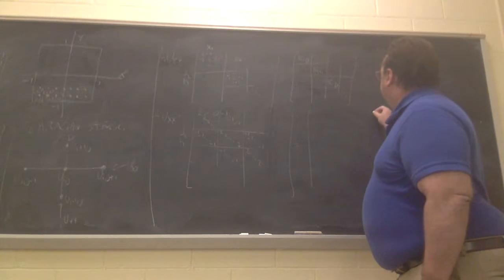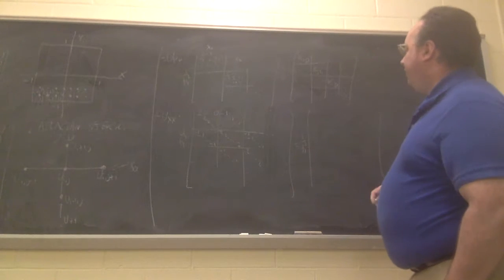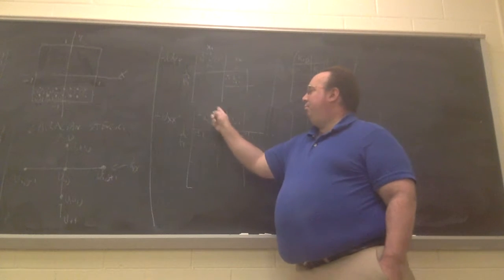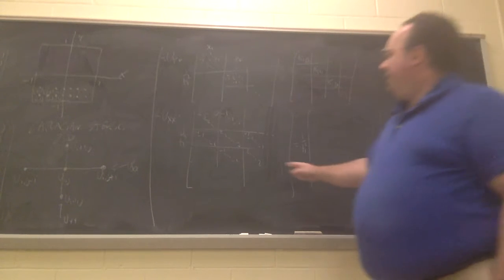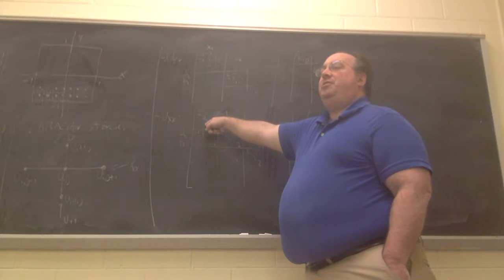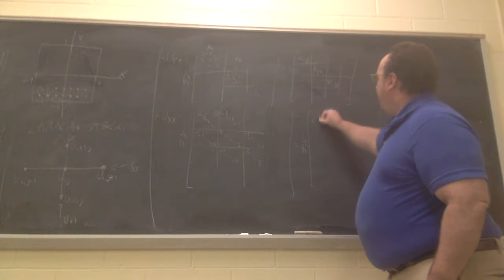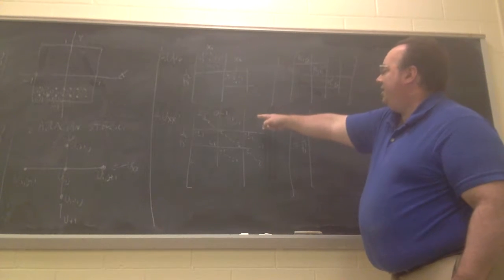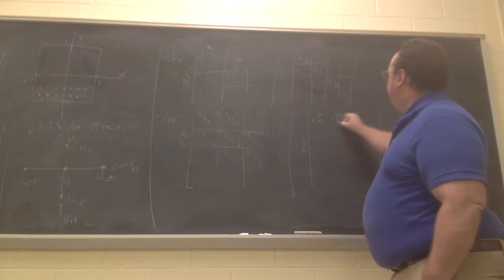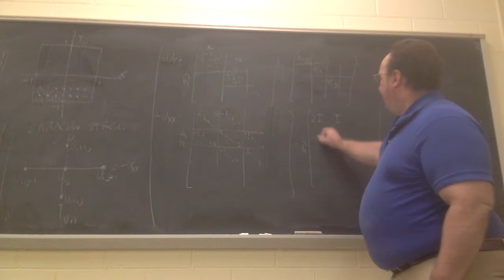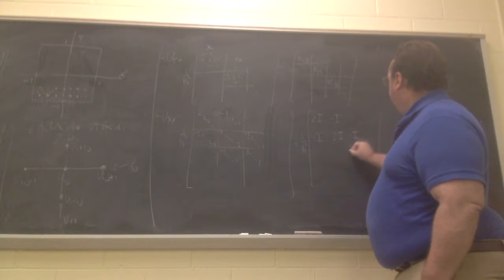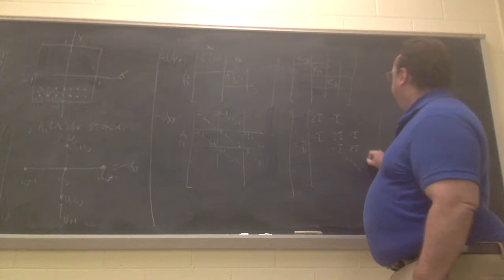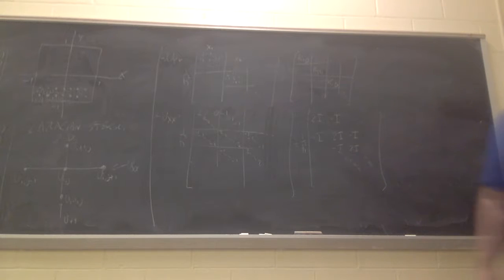If I write this also in block form, this smaller block here is the identity matrix times 2. Next to it, minus identity, and then the next block row keeps going. So it's another kind of tiling.